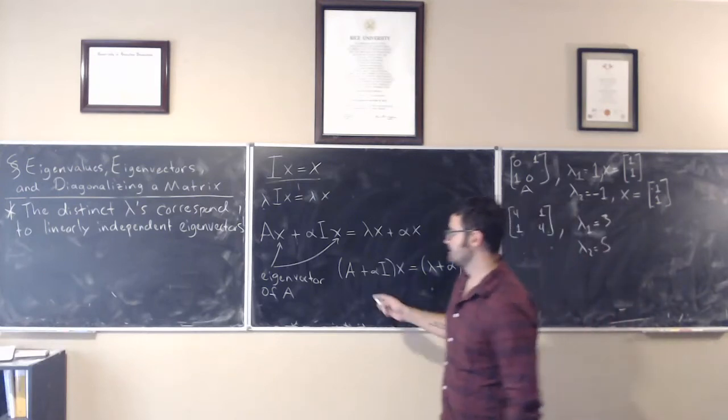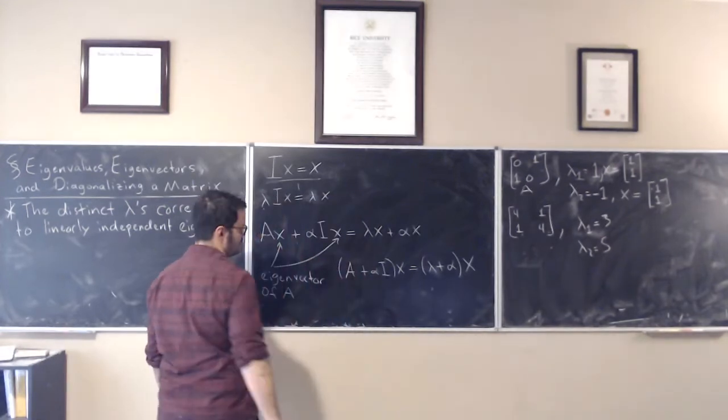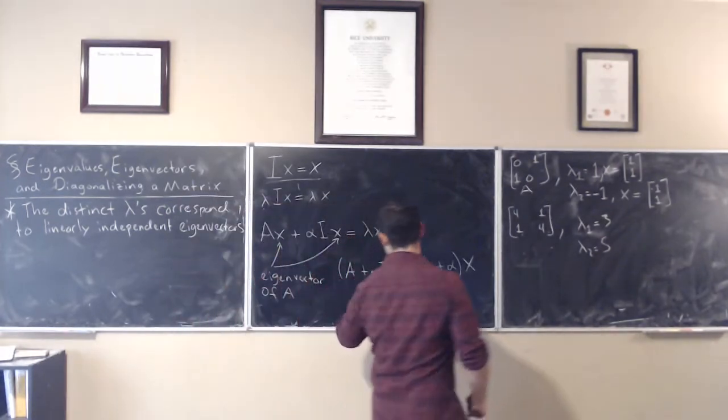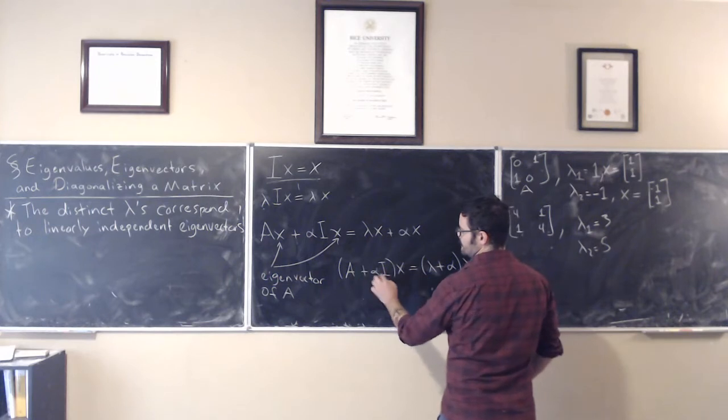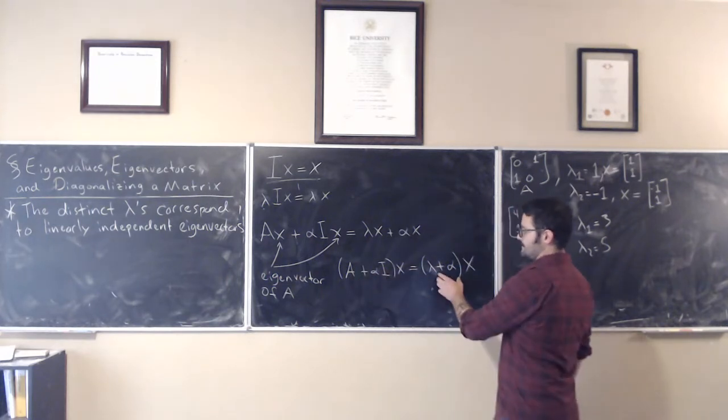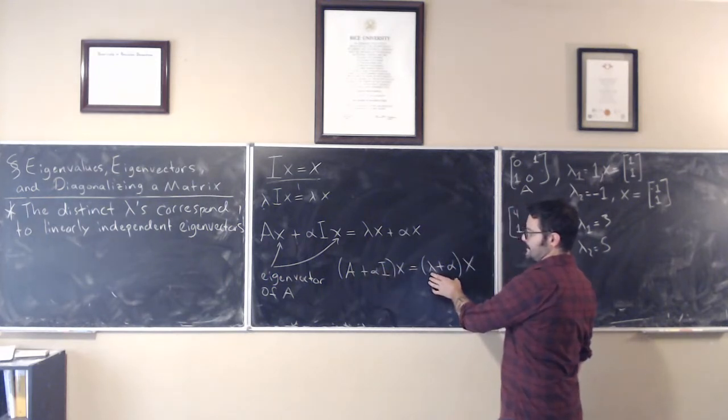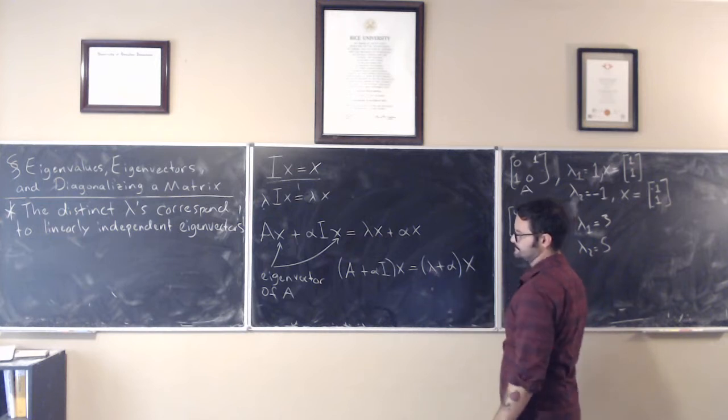So if x was an eigenvector of A, then x is an eigenvector of A plus alpha times I, right? And the new eigenvalue is lambda plus alpha.